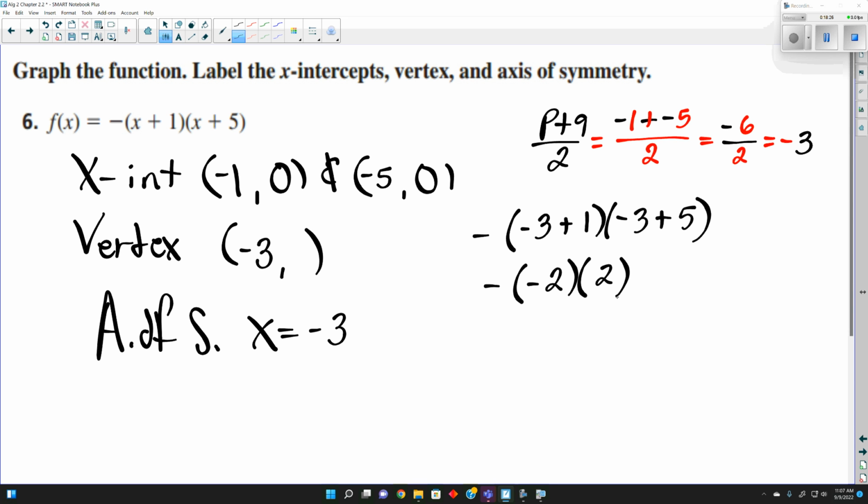Now we need to multiply these together. So we could say the -2 times 2, and -2 times 2 is -4. And we apply the negative to the -4, we get 4, so the y value is 4. Questions on this here?